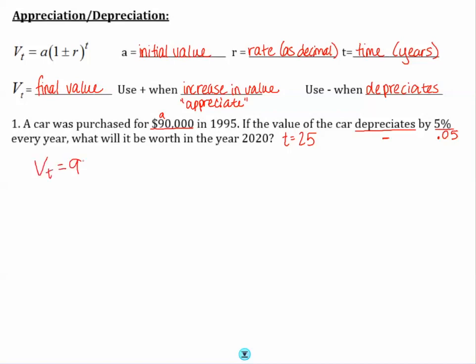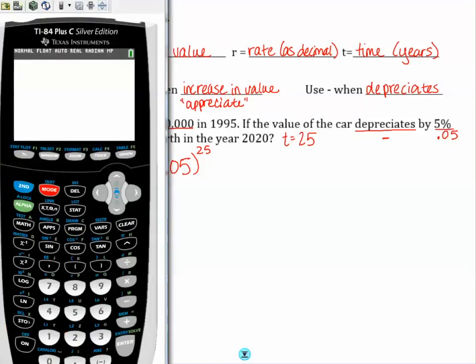So we just go ahead and plug our numbers in. And then just type this in the calculator. 90,000 times 1 minus 0.05 to the 25th power.